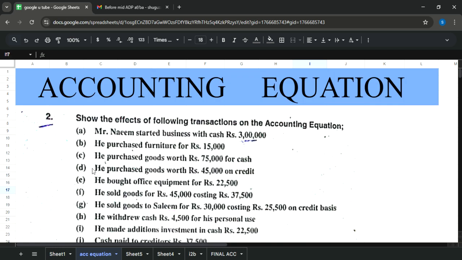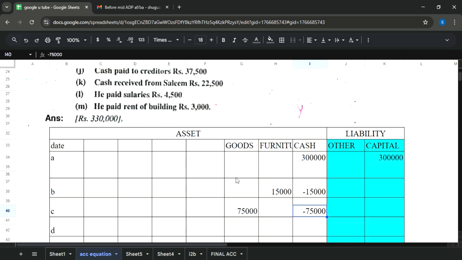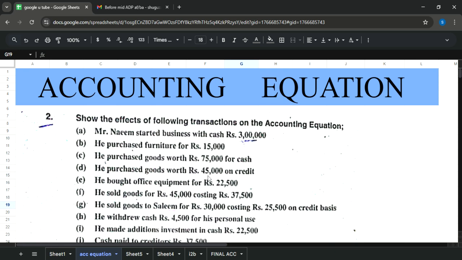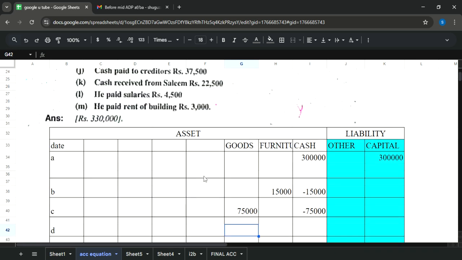Now D is saying he purchased goods worth rupees 45,000 on credit. That means cash is not going. The first step is similar. You are buying goods. It means goods are coming in. Here in the goods column, you will mention how much of goods you are buying: plus 45,000.